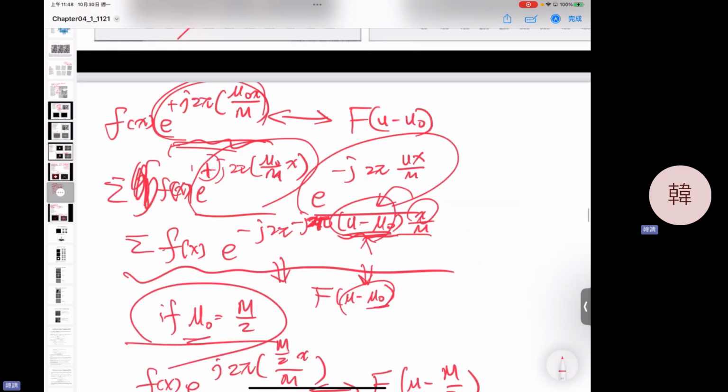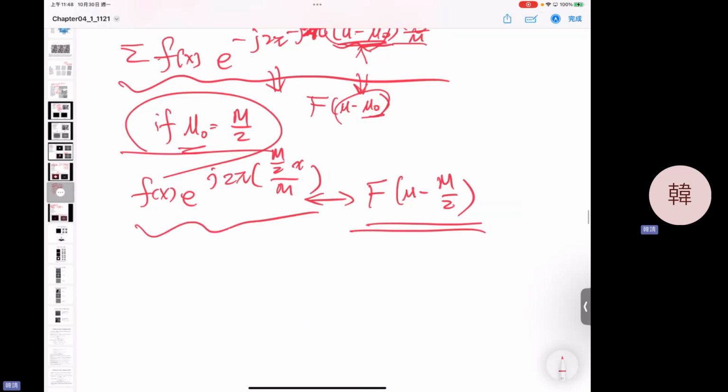If the formula is right, what do you do in your spatial domain, the time domain? What is the result? It is equal to f of x times e to the j pi x.